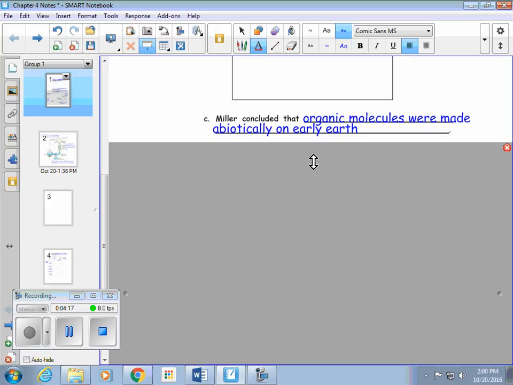Now let's continue to talk about carbon. Carbon makes up organic molecules, so that's why this whole section of notes is mostly about carbon. And when we mention those organic molecules that Stanley Miller was able to synthesize and find in that water, those molecules contained carbon.